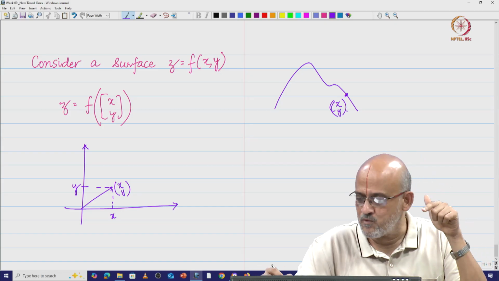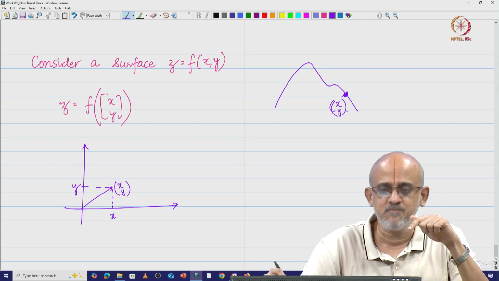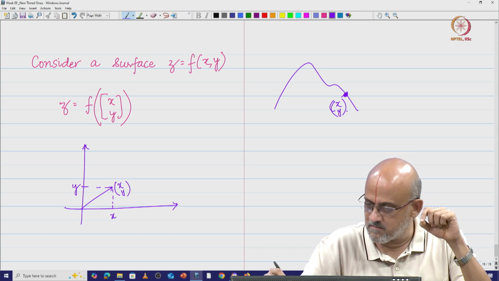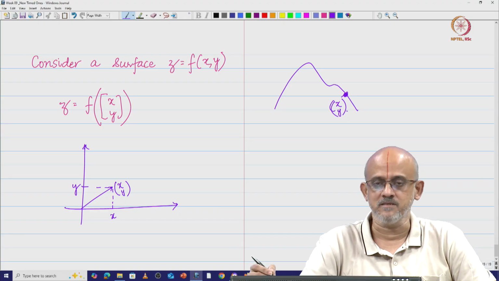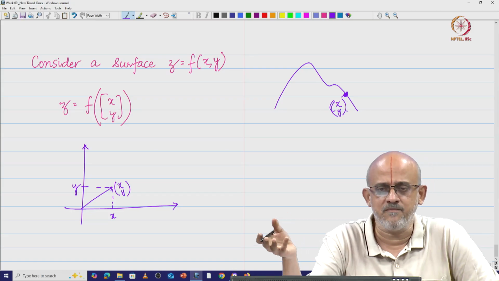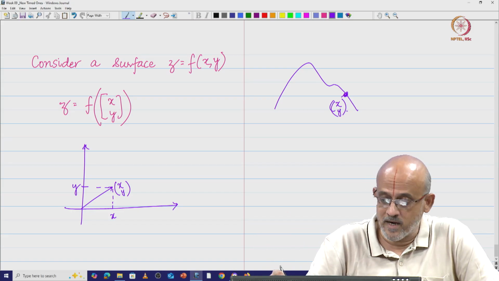If I stand at this point and I want to look in some direction, how many directions are available in this case? We have infinitely many directions, I mean you have many vectors there, right. So you can look in any direction that you want.